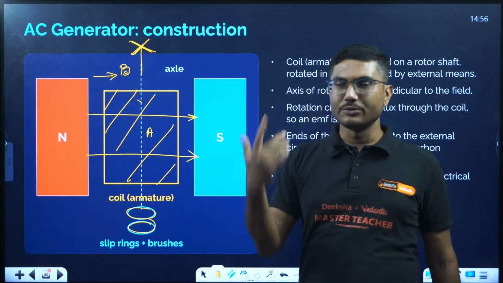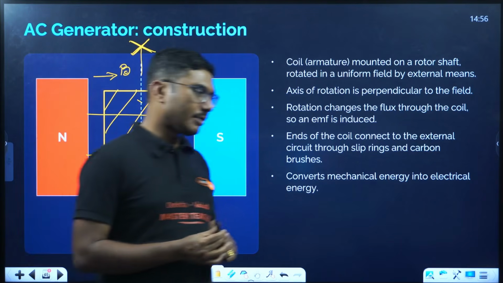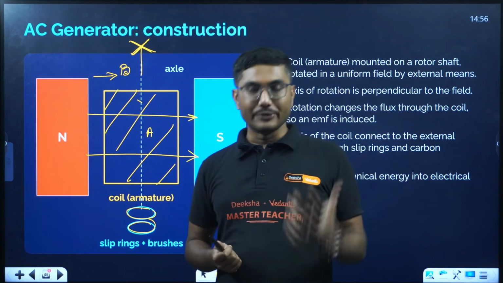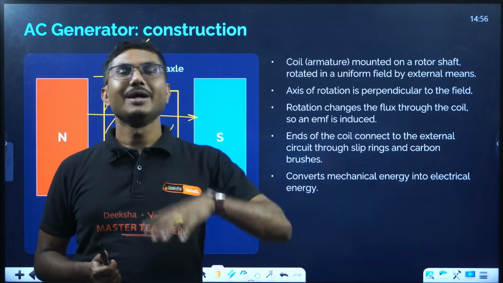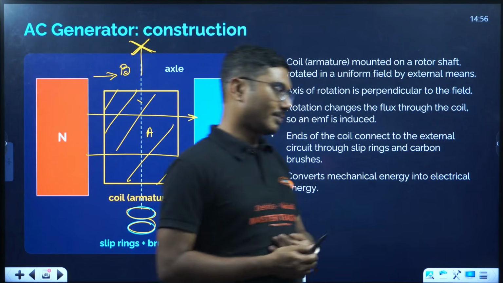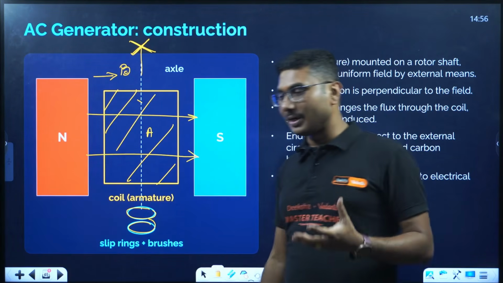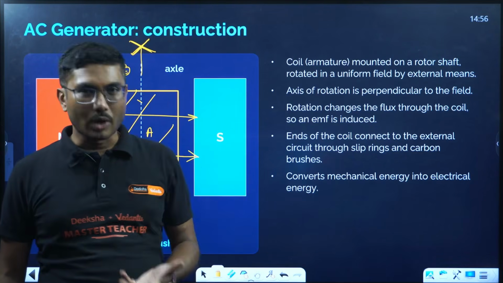Mostly we use either water, or in old generation cases we use coal. What is the role of coal in a coal power station? You cannot just simply burn the coal and get the energy. The coal is basically used to boil water.